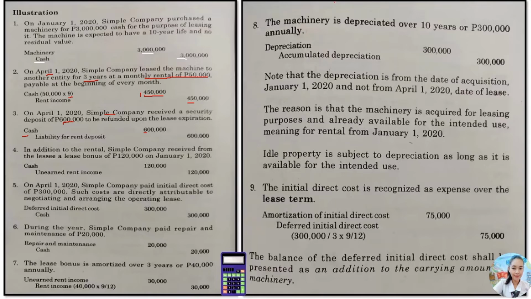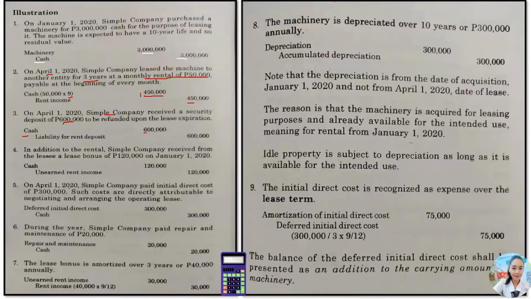Okay, now let's move on to number 4. So in addition to the rental, si Simple Company received from the lessee a lease bonus of 120,000 by January 1, 2020. So yeah, before pa ang commencement date, nagbayad na si another entity kang Simple Company ug lease bonus.